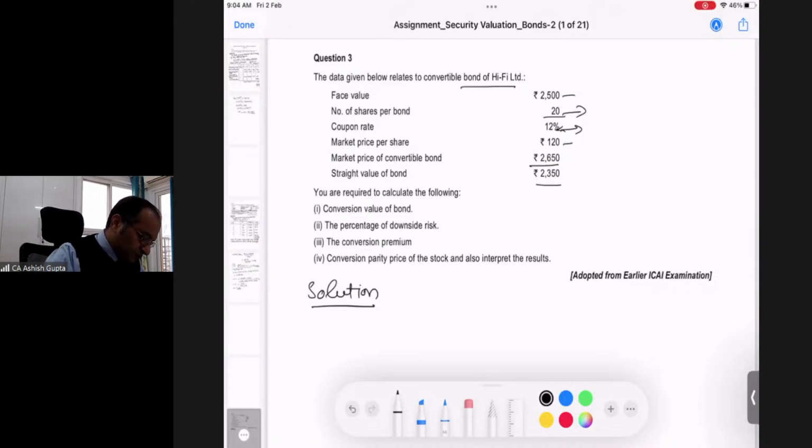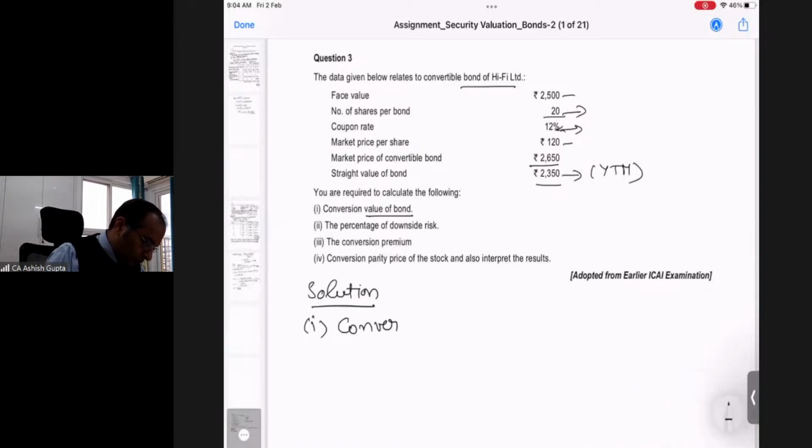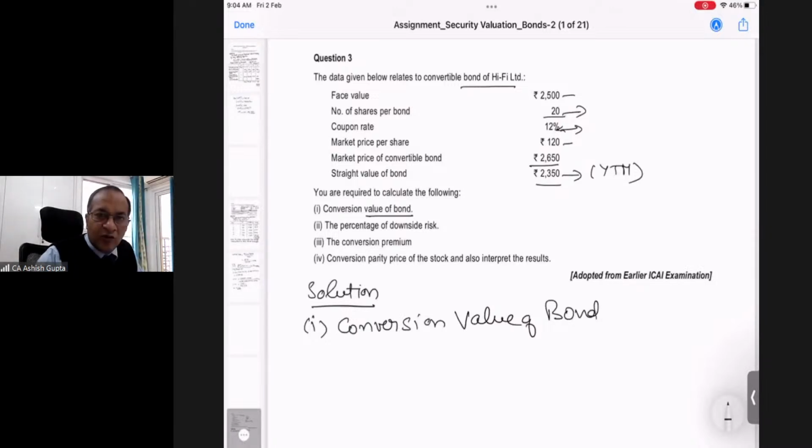It means it has already been discounted at YTM. Now we first have to compute the conversion value of the bond. It means from the conversion point of view, what is the value of this bond?